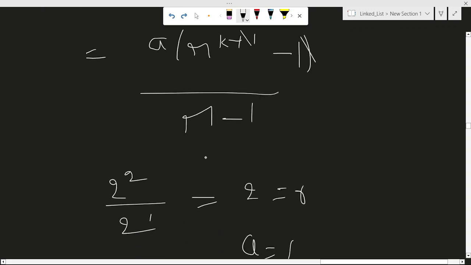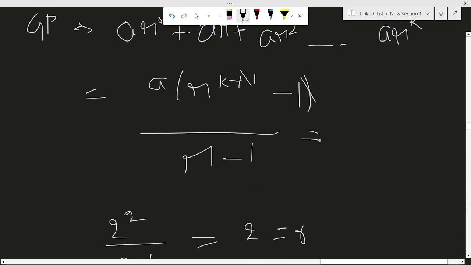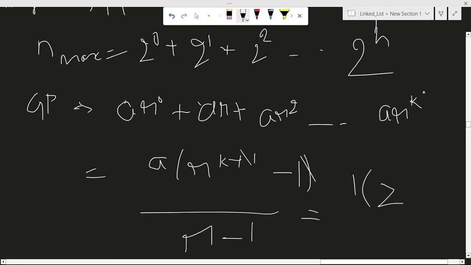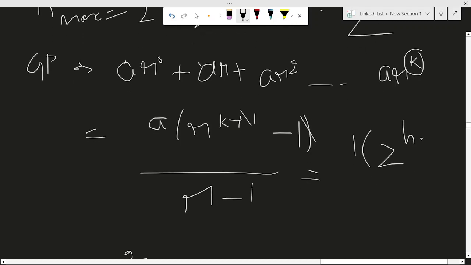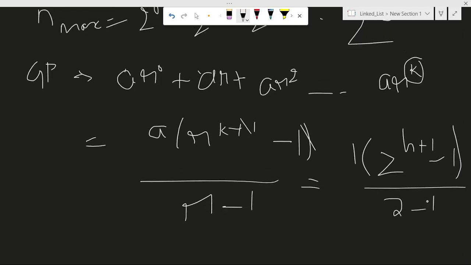Okay. Now for this expression, let me substitute. A is 1, into r is 2, 2 power of k, and here it is h. So h plus 1 minus 1, divided by r minus 1, which is 2 minus 1, that is 1.